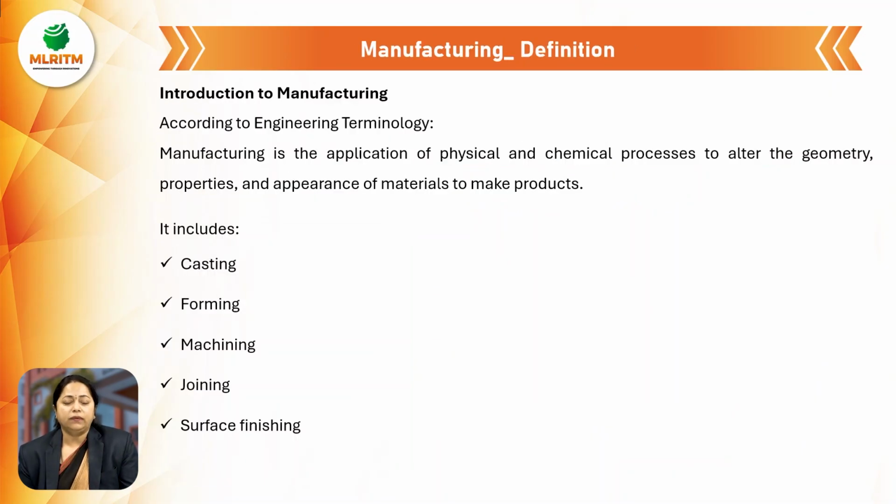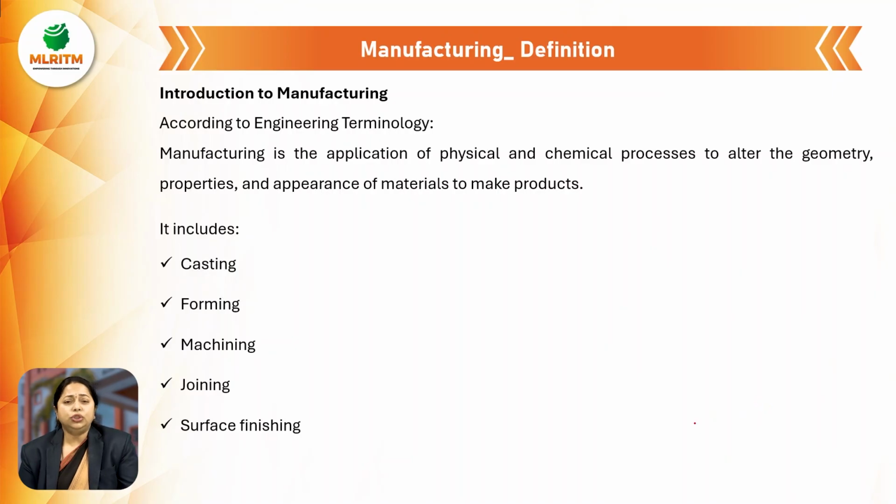Well, but when it comes to the engineering definition, it is a little more expanded. When we are transforming this raw material into a finished good, we are trying to apply some physical and chemical processes. Why are we doing that?